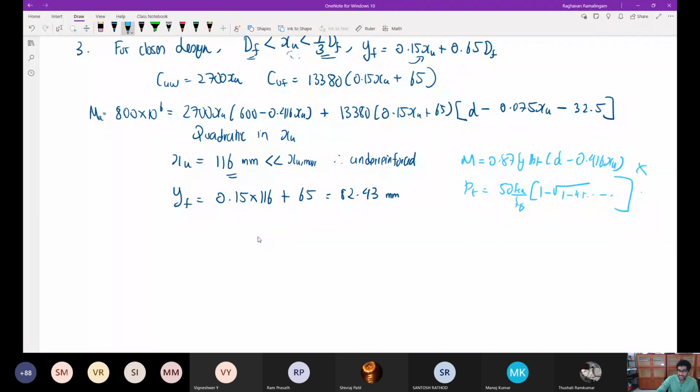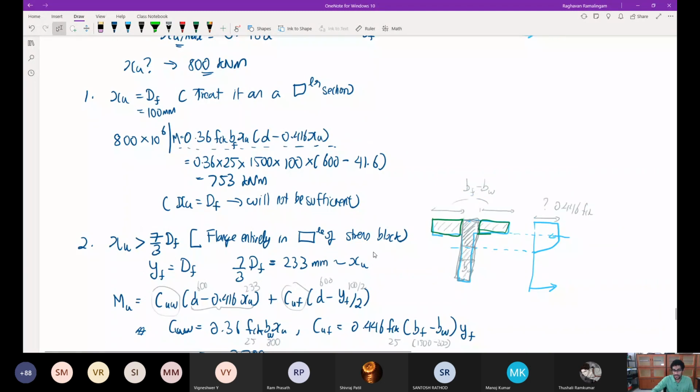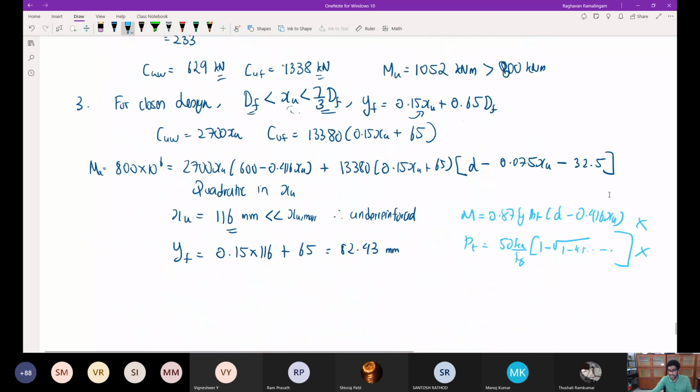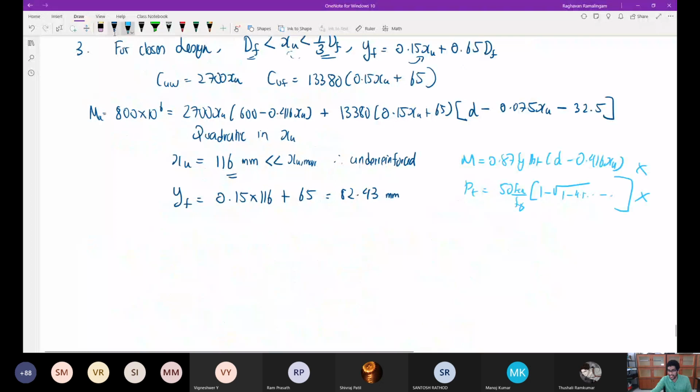But you cannot use these two equations. The reason you cannot use these two equations is because your width is not uniform till the level of steel. Here it is different. Here it is different. Okay. So you cannot use this equation to find the area of steel. So there's another way to find it.